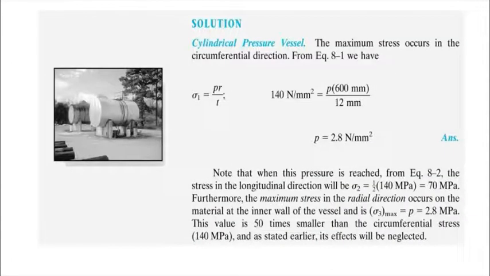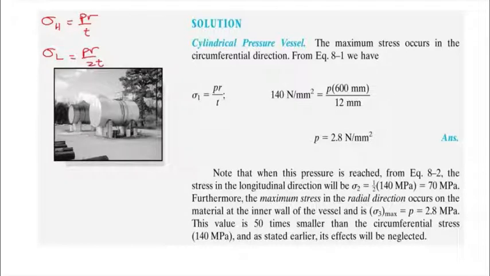Let's look at it as the cylinder. For the cylinder, we have two equations. One, we have sigma H or sigma C is equal to PR over T. The other one is sigma L is PR over 2T.